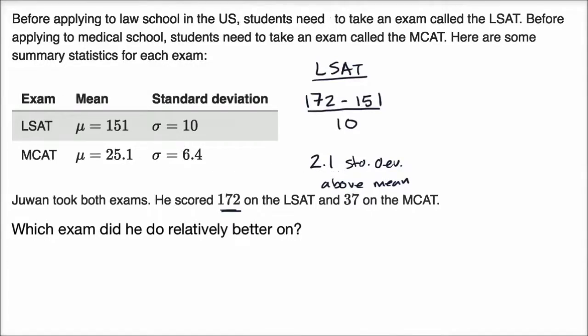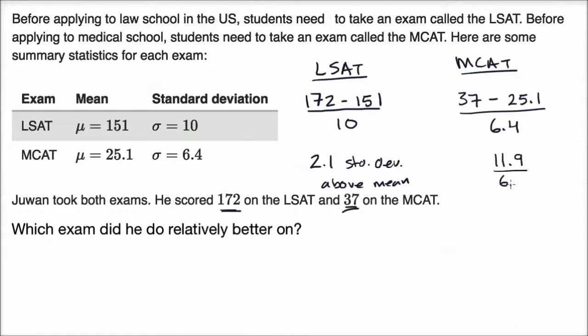Now let's think about how he did on the MCAT. On the MCAT, he scored a 37. The mean is a 25.1. And there is a standard deviation of 6.4. So let's see, 37 minus 25 would be 12, but now it's going to be 11.9. 11.9 divided by 6.4.